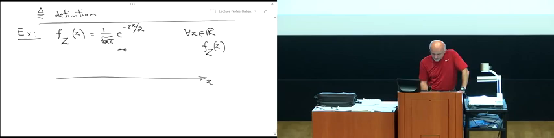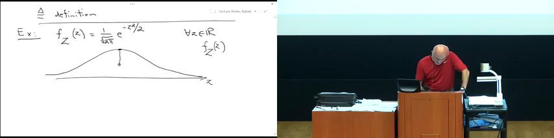It decays. Okay? So it's centered at 0. And the value at 0 is what? 1 over? I can't hear you. Square root of 2 pi. Okay.